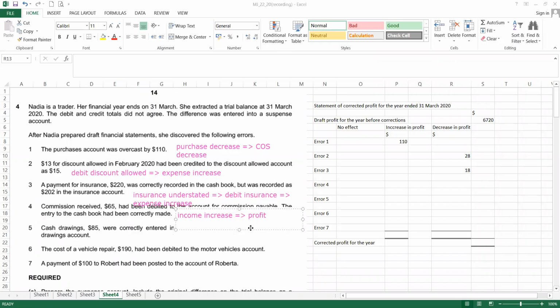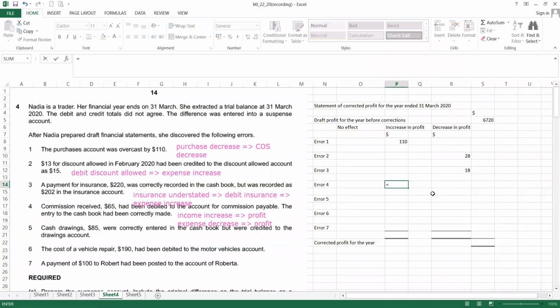But another one is the expenses. When we credit the commission payable, it will decrease. Expenses decrease, profit also will increase. So the profit will increase 2 times. So take 65 times 2. Okay, 130.